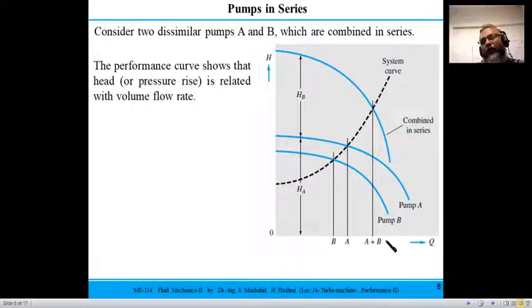But for the same volume flow rate, if you go to the combined head, your head has increased.